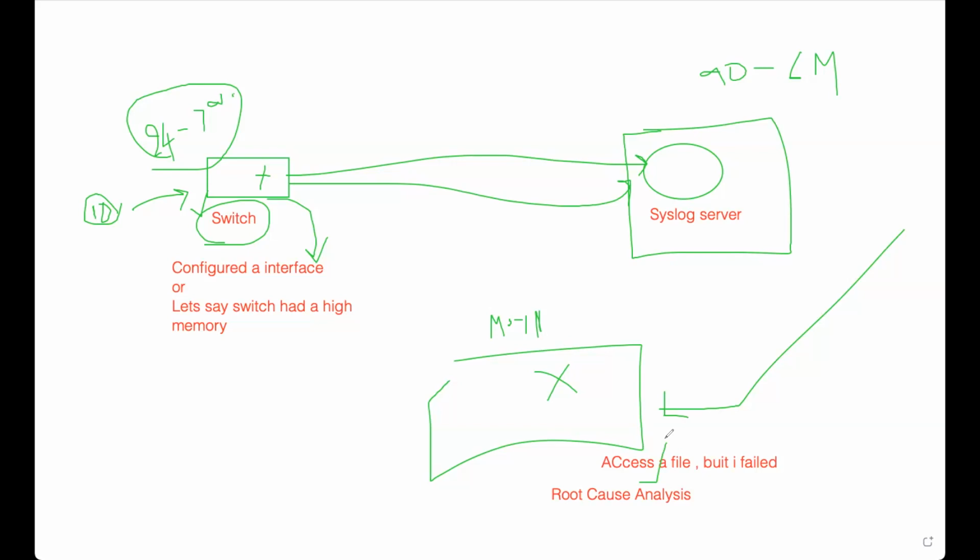Okay. So there are different types of messages, right? Let's talk about those different types of messages. It could be an error message. An error message is something like, let's say you wanted to configure a device interface, but the interface is in a bad state, it's dropping packets.